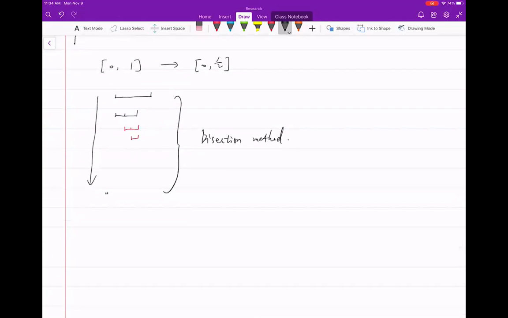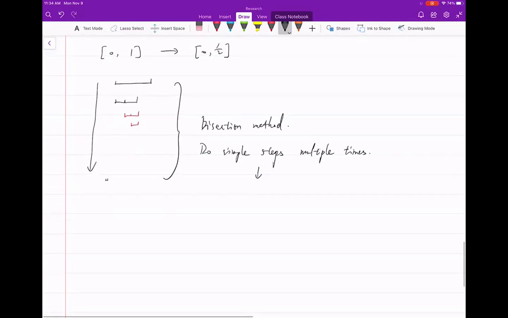That is, you do a simple thing multiple times, 1,000,000 times if necessary. You won't be able to find the solution, but you will have a nice approximation, which is very, very close to the solution, but never the same unless you're really, really lucky.